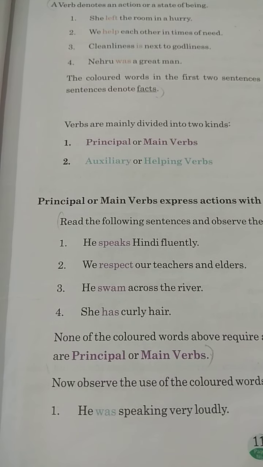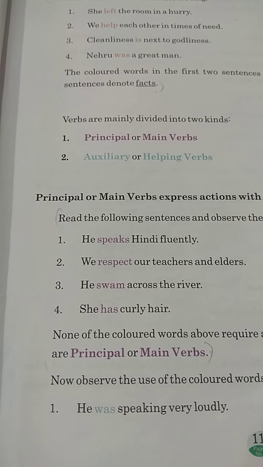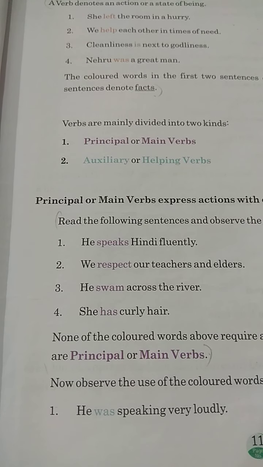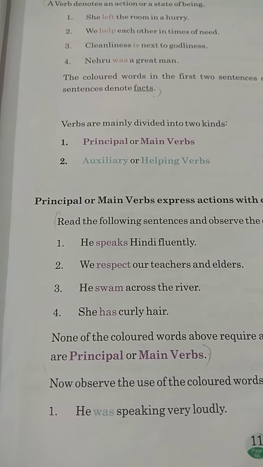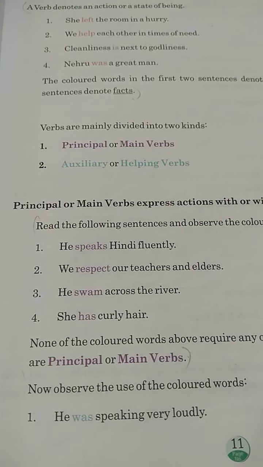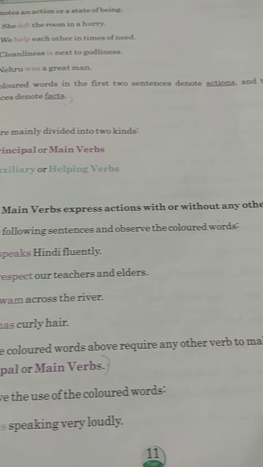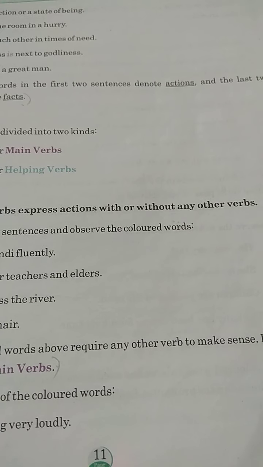Now, verbs are mainly divided into two kinds: principal or main verbs, and auxiliary or helping verbs. Principal or main verbs express actions with or without any other verbs.